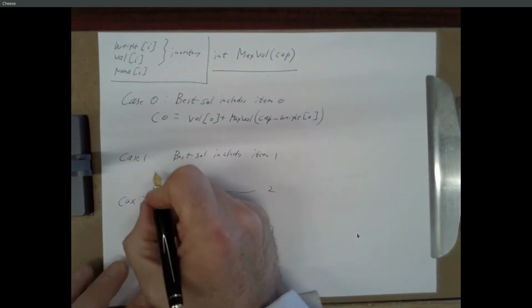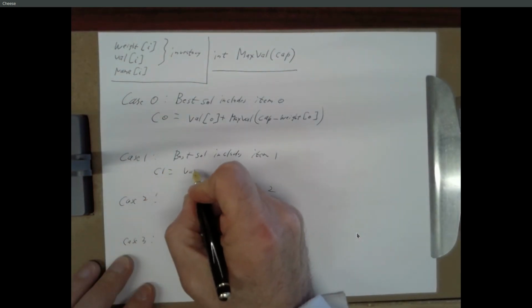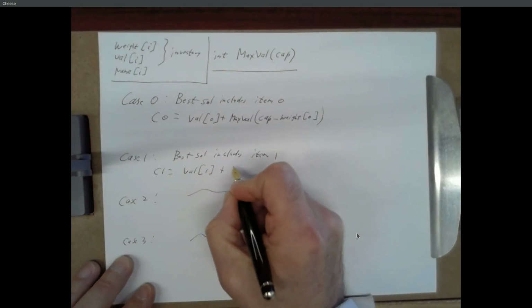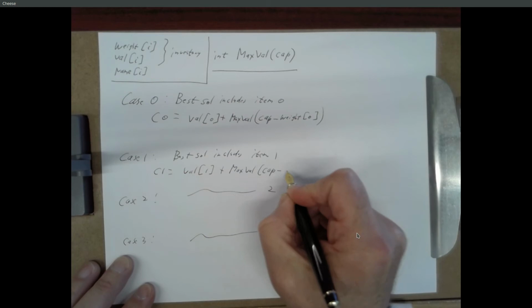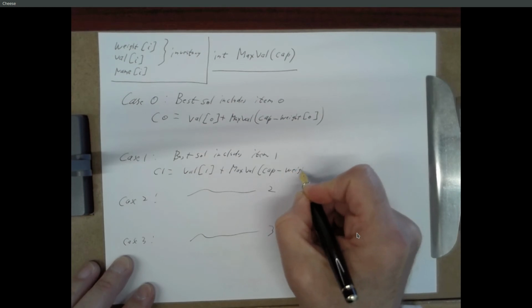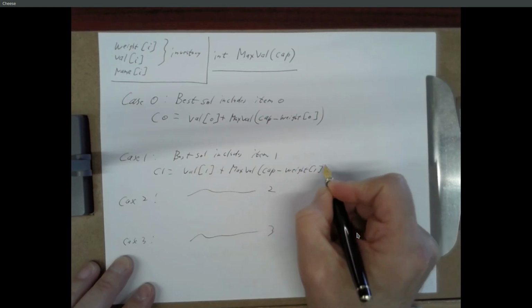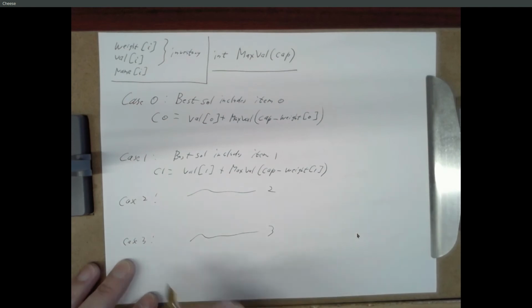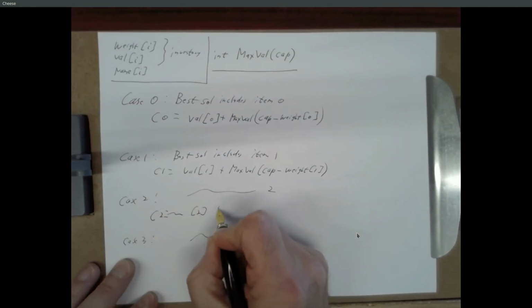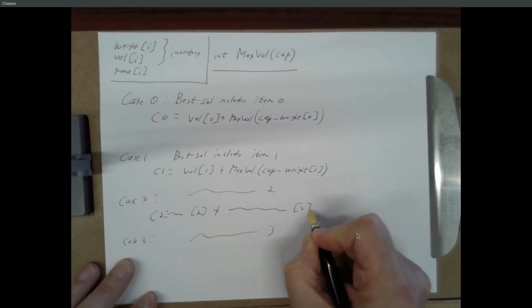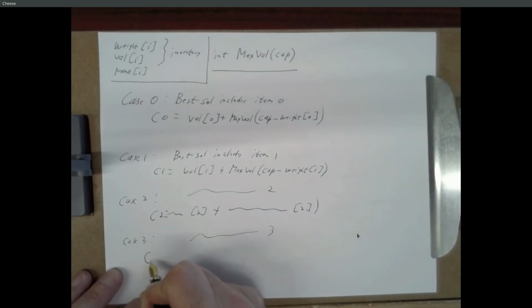If I put item 1 in my bag, same thing. The value of item 1 plus the maximum value I can get from a bag whose capacity has been diminished by the weight of item 1. And same thing for C2 and C3.